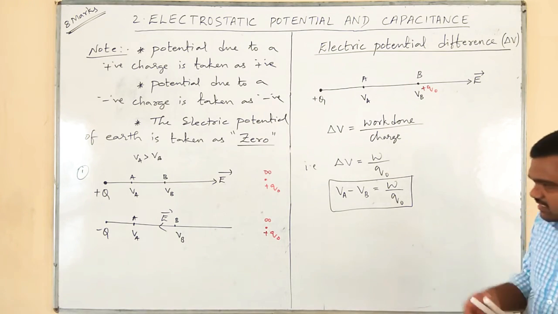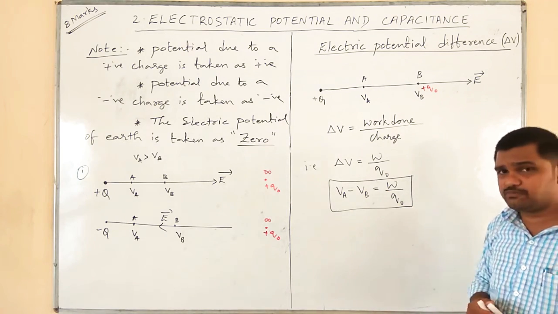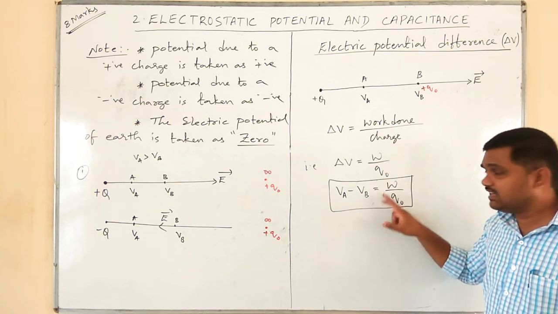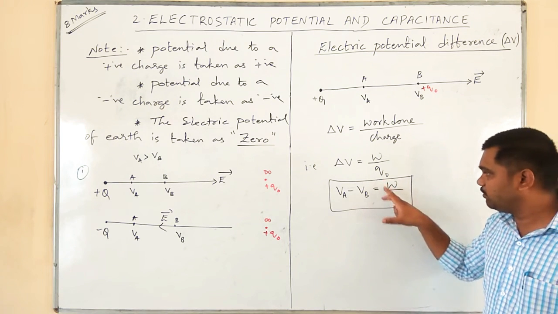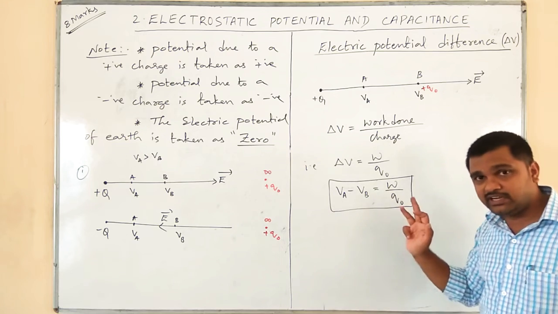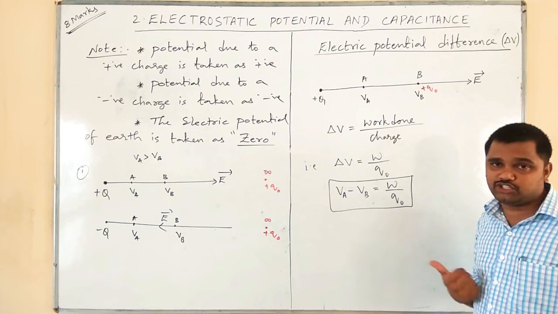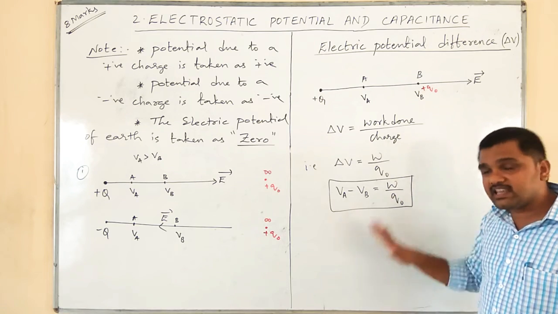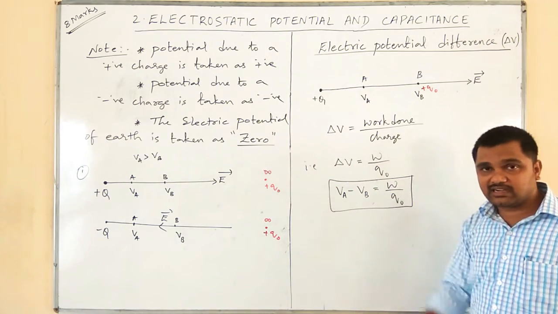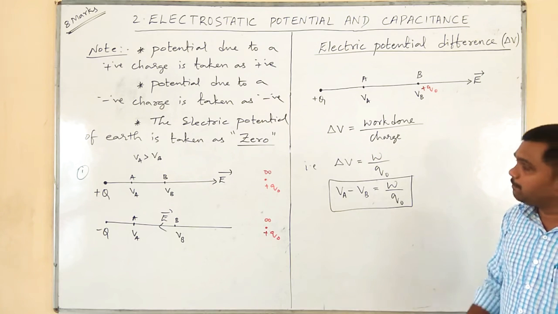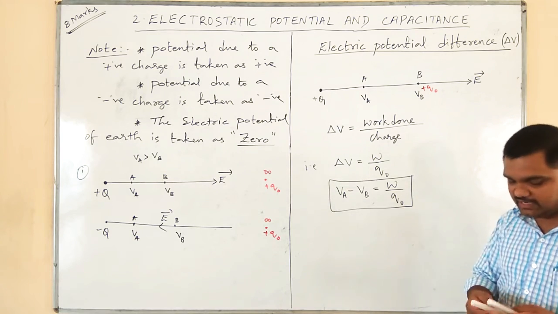Now next, by the method of inspection we can easily say that since in RHS we have W divided by Q naught, the SI unit, the dimensional formula and the properties of electric potential difference are the same as that of electric potential, but the definition is different.